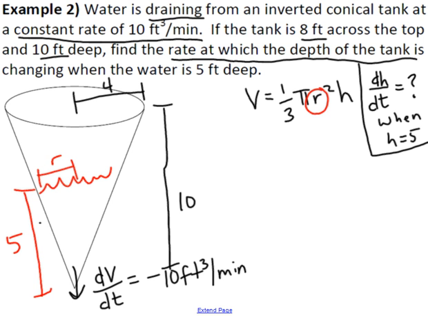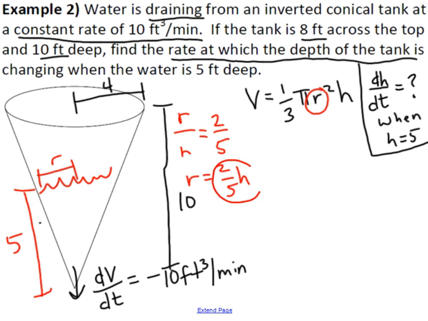If you look at the proportion here that's related, it's 4 to 10. So at any given time, the radius is related to the height in a ratio of 4 to 10, or if you wanted to say, 2/5. So if we want r in terms of h only, then r is 2/5 h.